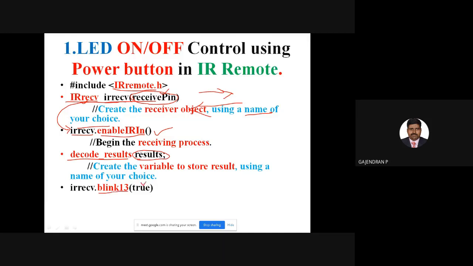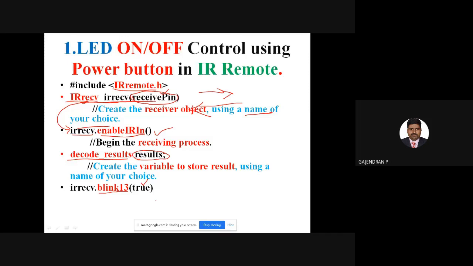Once you make this true, what will happen? Whenever my IR receiver receives the signal, my 13th LED, that onboard LED, will blink. Why did they give this? Since it is a wireless device, you can't recognize whether my information is transmitted or not.